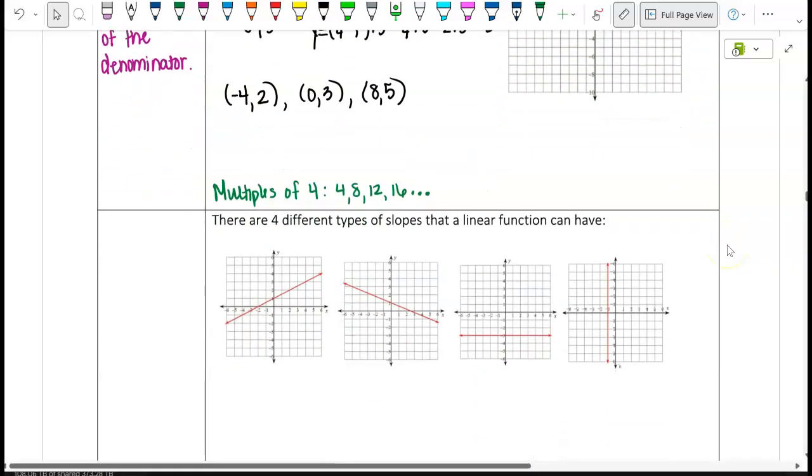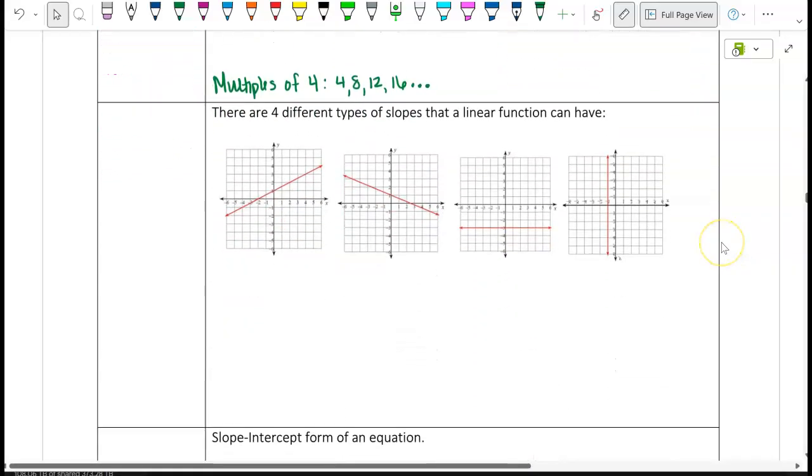All right, then before we get into the next part, there are 4 different types of slopes that a linear function can have. And just as a reminder, when we're talking about slopes, we talked about increasing and decreasing last module. So the same thing applies here. We read a graph from left to right to get the slope.